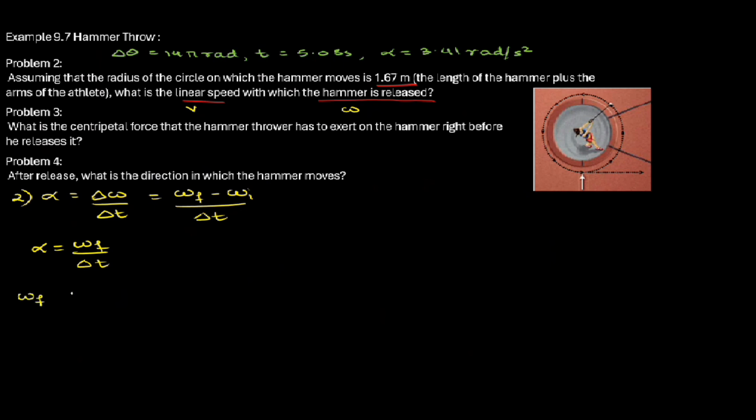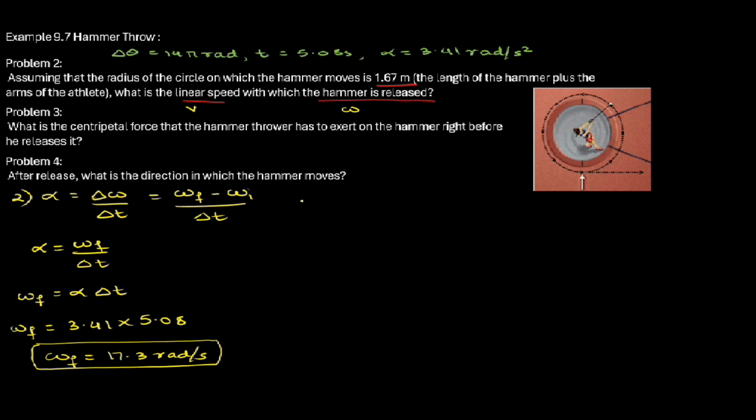So we can calculate omega final by multiplying alpha with the time interval delta t. I have both the values, just multiply them. Alpha is 3.41 times time t is 5.08 seconds. And when you solve this, you get the final angular speed to be equal to 17.3 radian per second.